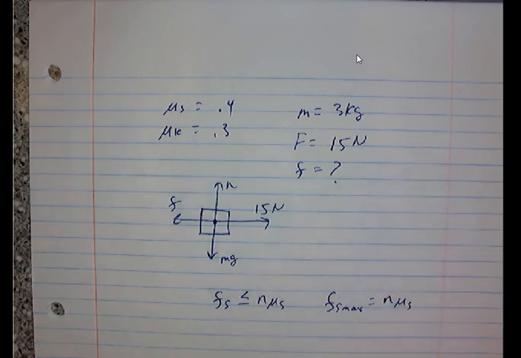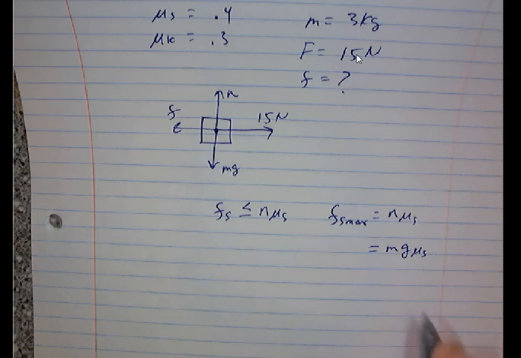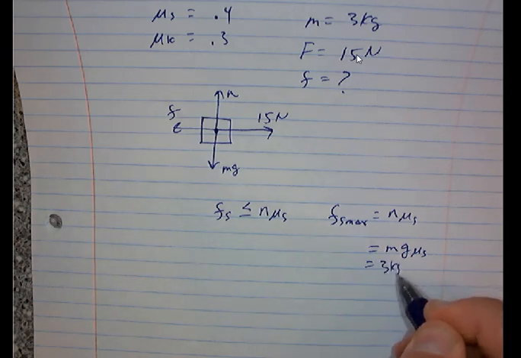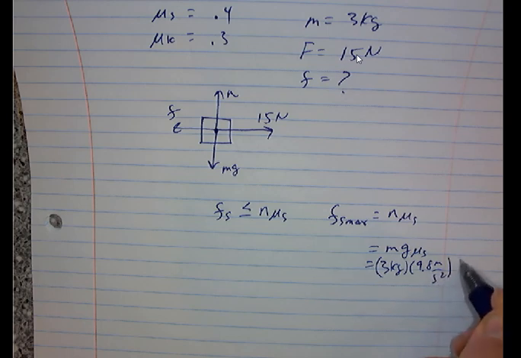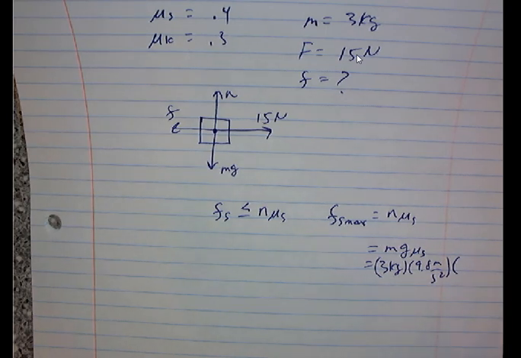So let's do that. So the maximum amount would be the normal times mu sub s, which is mg times mu sub s. Okay, the mass is given 3 kilograms, 9.8 meters per second squared, and then times mu sub s, which is 0.4.